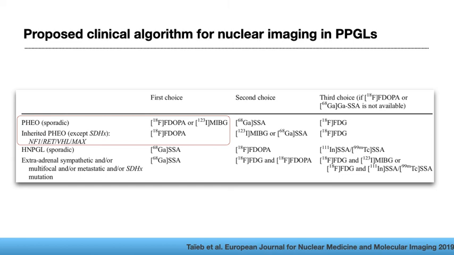For those patients with sporadic or inherited pheochromocytomas, FDOPA PET scan is always the best option. FDG PET is always the third choice if neither gallium dotatate nor FDOPA PET scan is available.